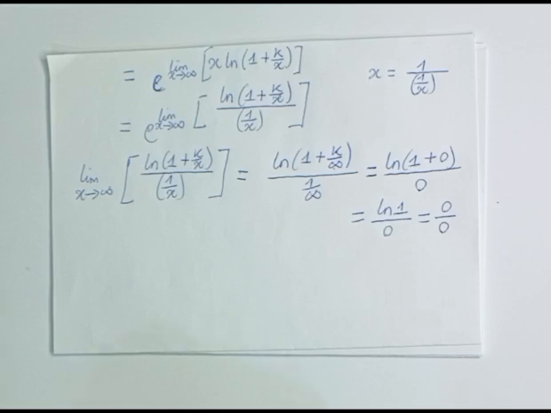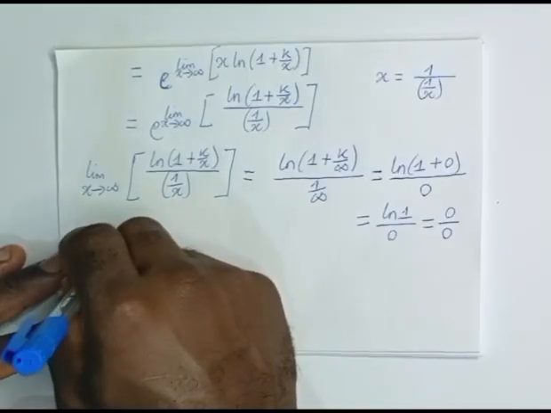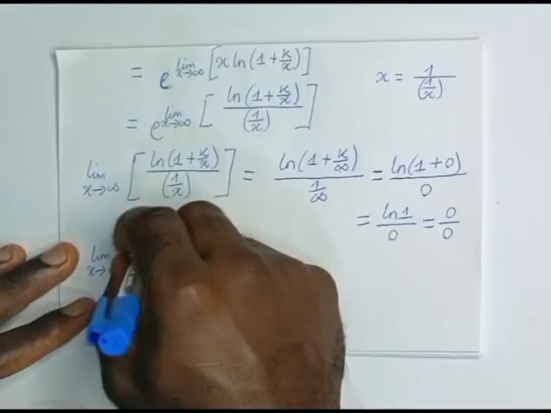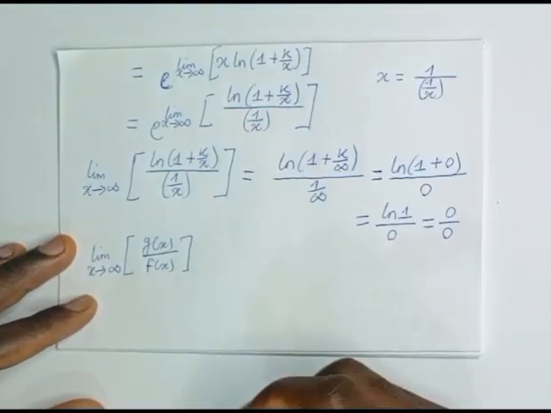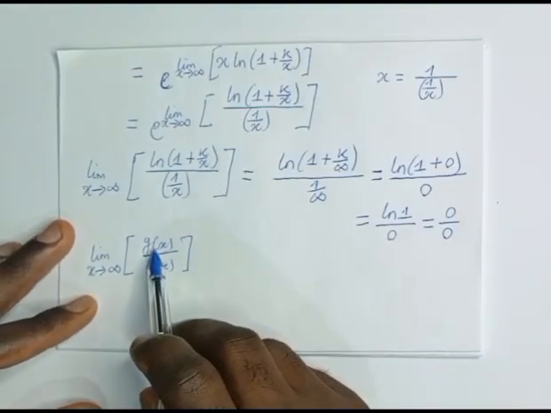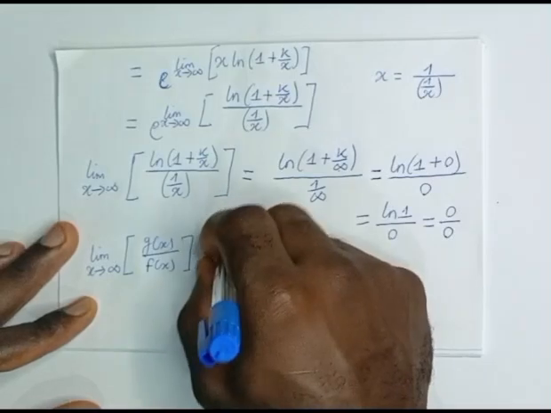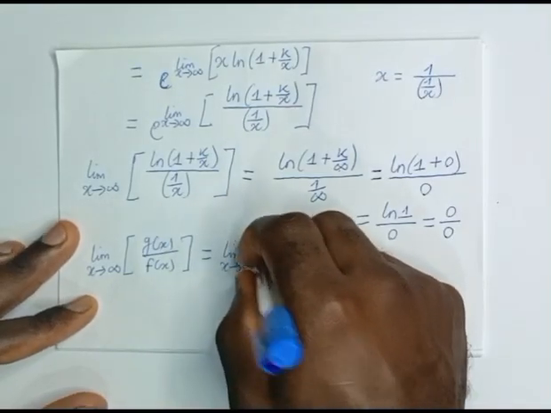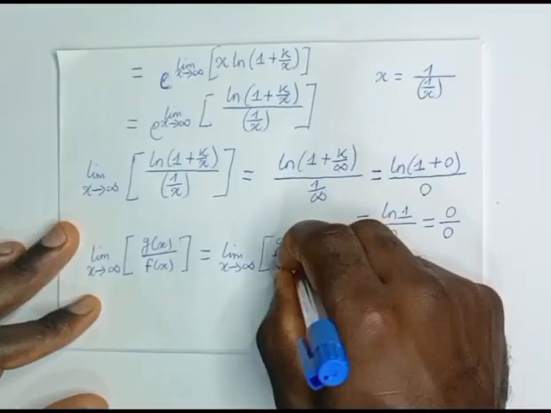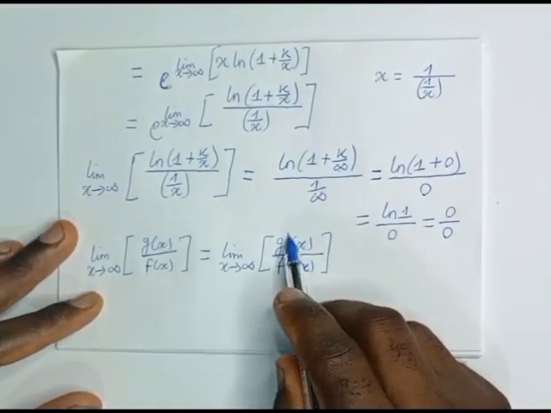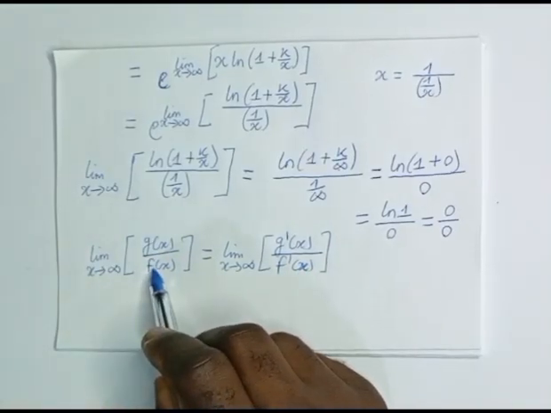L'Hopital's rule states that for us to get the limit of a quotient of two functions, the limit as x tends to infinity of g of x over f of x, such that by direct substitution this gives us the indeterminate form, that is 0 over 0 or infinity over infinity, then this limit will simply be equal to the limit as x tends to infinity of g prime of x all over f prime of x, where g prime of x is the derivative of the function g of x and f prime of x is the derivative of the function f of x.